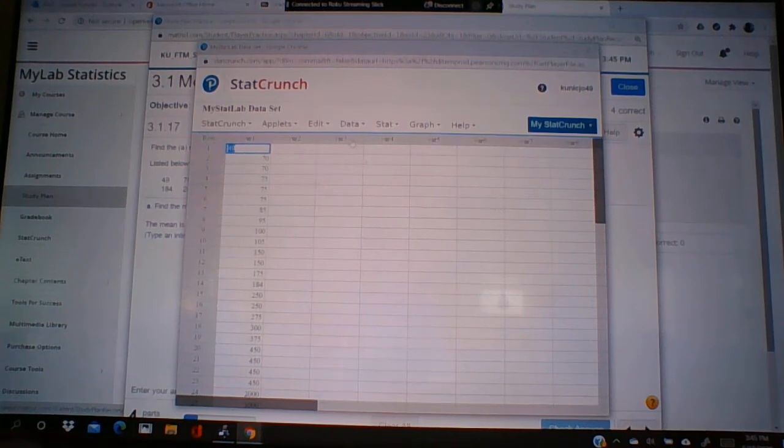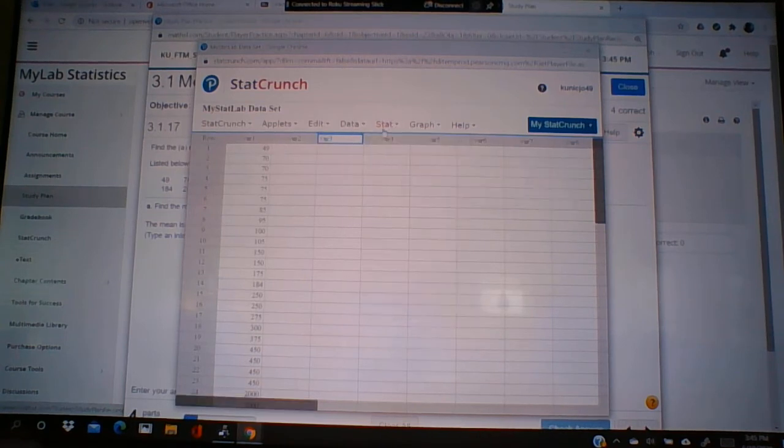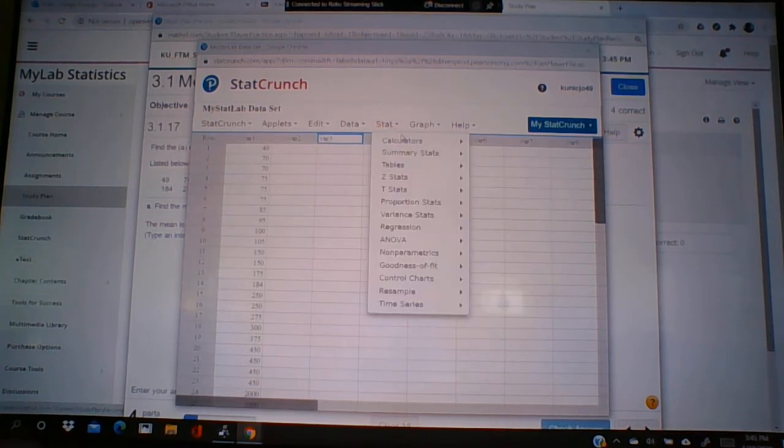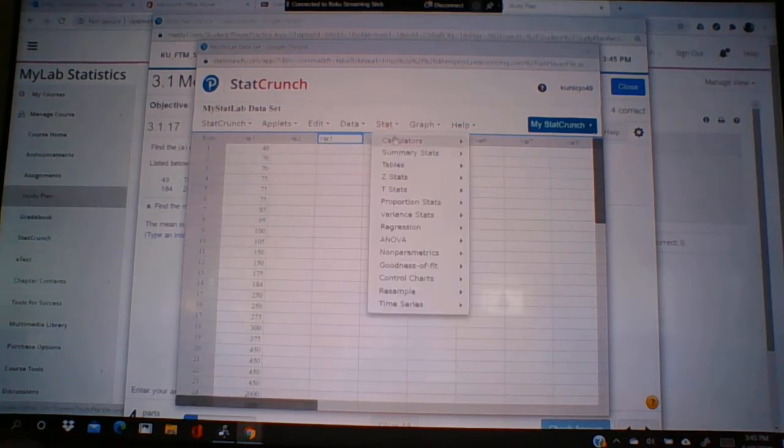So I go to the stat column, summary stats, columns.